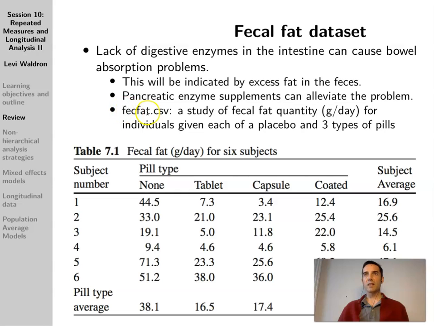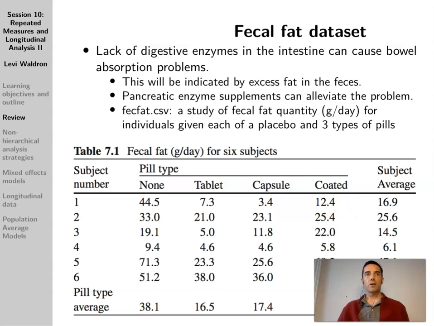So this data set provided measurements of fecal fat quantity in grams per day for individuals given the placebo and 3 different types of pills. So it is a perfectly balanced data set. We have 6 subjects and we have 4 measurements on each subject.